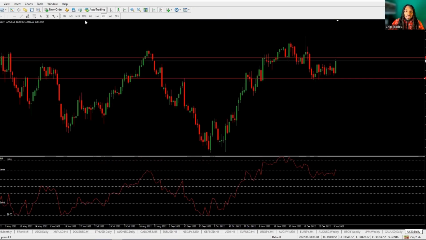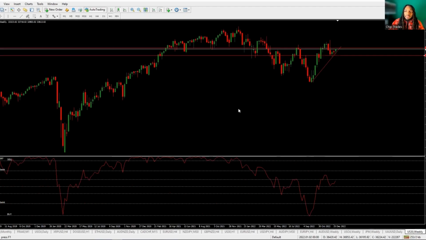It still looks like a continuation to the upside. We can put our trend line in there. This is on the daily. This is on the weekly. So it just looks like a very strong continuation pattern to that pullback that it just created right here. And we're just going to have that continue to the upside.